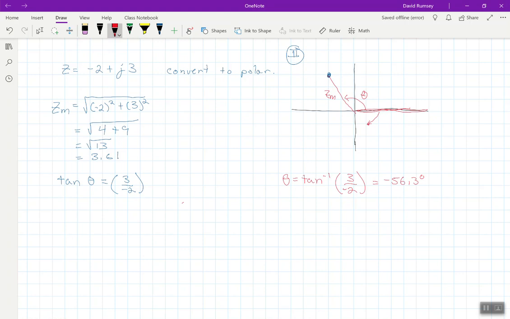So to get this, we can notice that if I continue this line down, I'm dotting this line here, this angle that I'm getting here is really still on that same line. So all I have to do to get the correct theta is the inverse tangent of 3 divided by negative 2 plus 180 degrees.